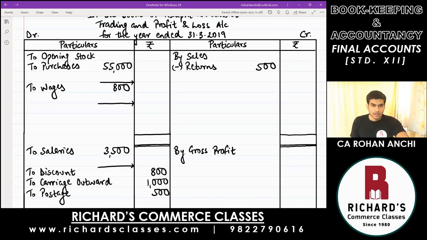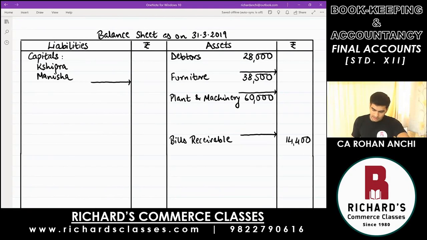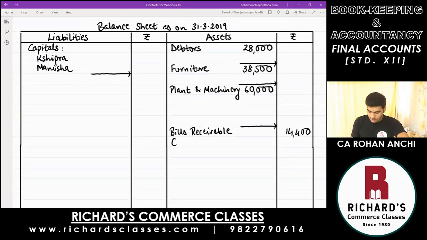Then the next 2 items, both are assets, cash in hand and cash at bank. Back to the balance sheet. Asset side, write down first cash in hand. $4,000. Below that, cash at bank.